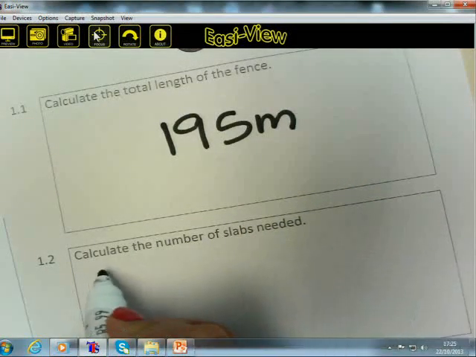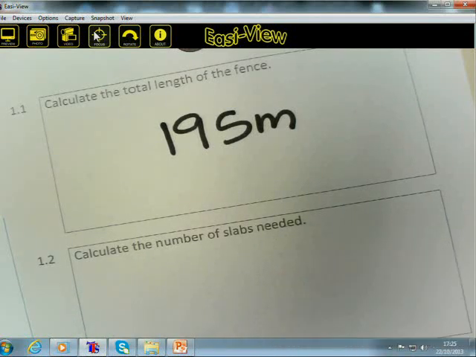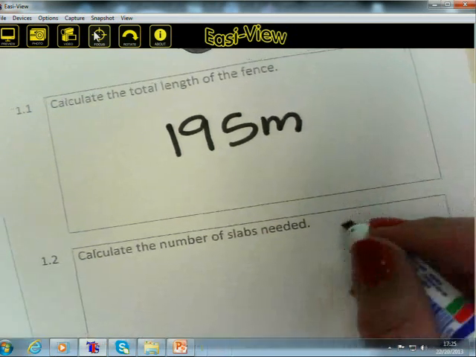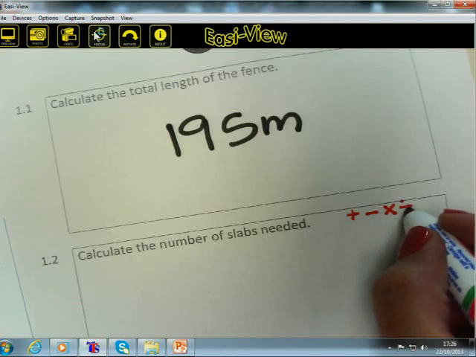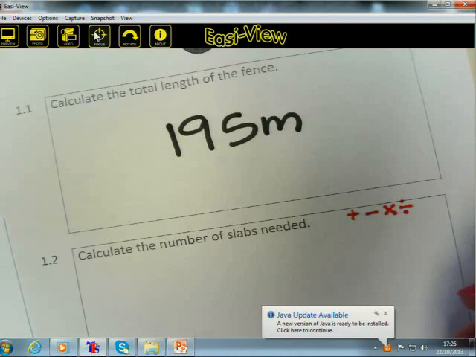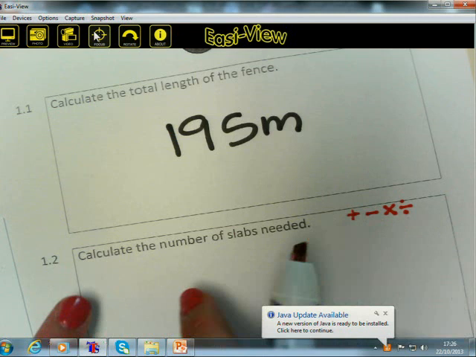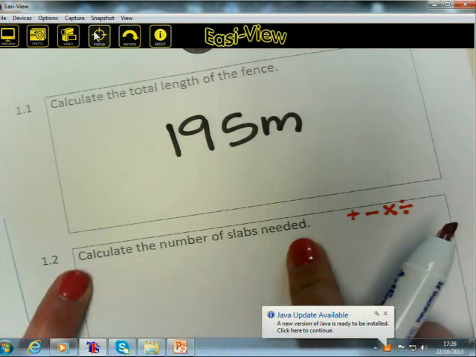And now they say calculate the number of slabs needed. When we have a word problem like that, we only have 4 calculations that we can do. We can either plus, minus, multiply or divide. So you must decide, what am I going to do now? I must calculate the number of slabs needed.